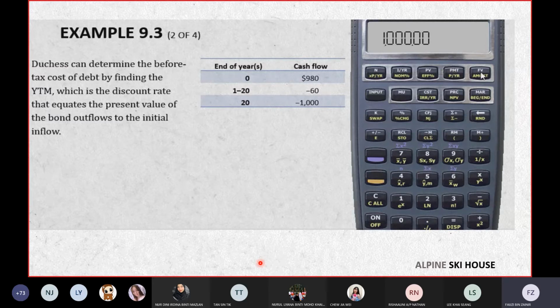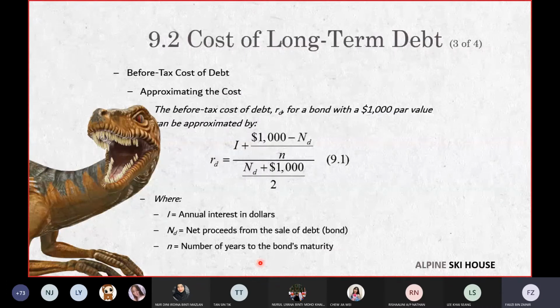That will become the future value, and then we press I. So we get the yield to maturity for the bond is 6.18%. In other words, the bondholders are getting a return of 6.18% before tax.